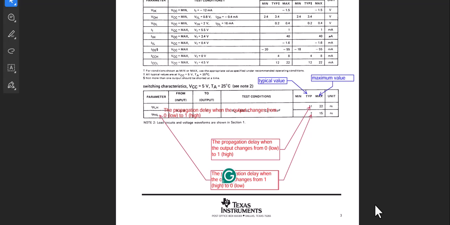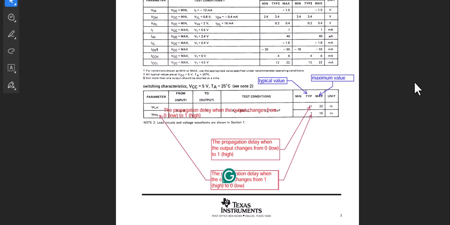And I believe those are in nanoseconds. Yeah, the units are right there, nanoseconds. The typical amount of time it would take is 11 nanoseconds, and the maximum is 22 nanoseconds. So that's just showing on the sample data sheet.